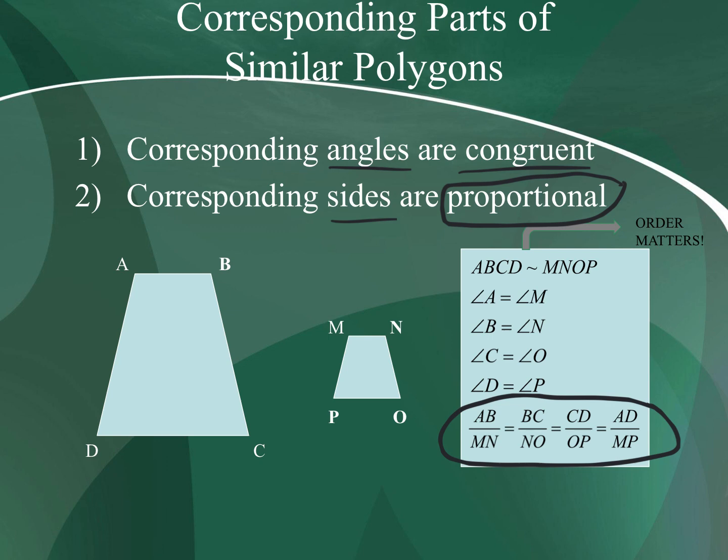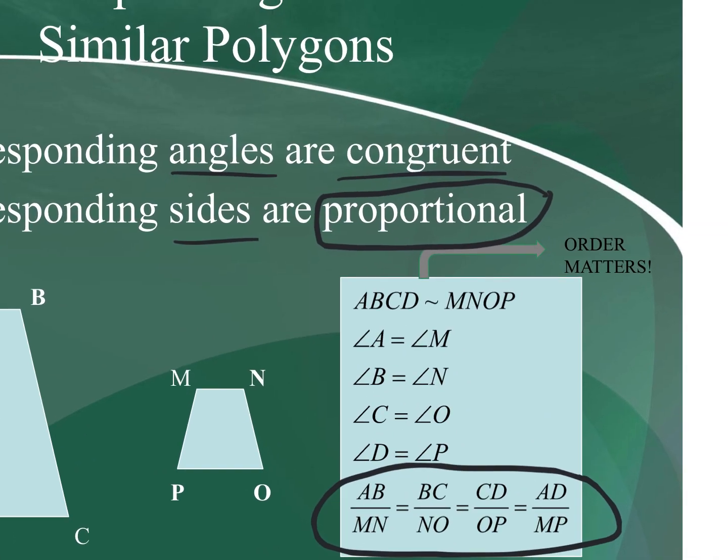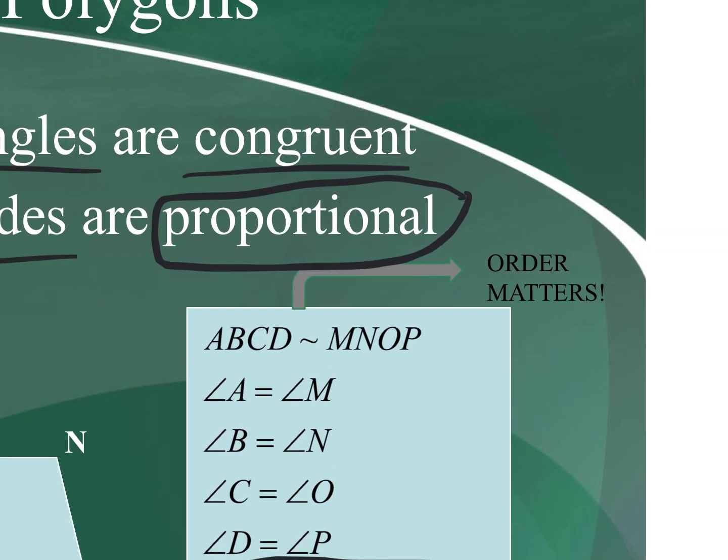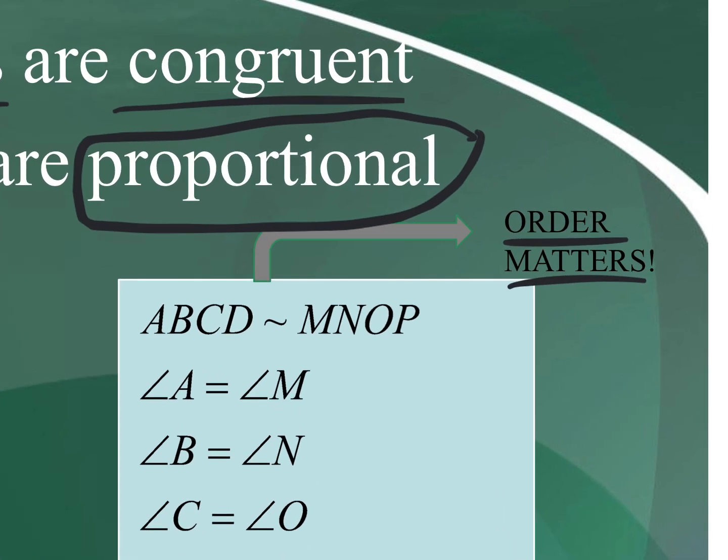Do you guys remember when we were talking about congruency statements, where we would list out all of the letters of your figure and put them congruent to another figure, and I told you the order absolutely matters? The same thing happens here. The order 100% matters. So just by this statement, we could figure out which sides are proportional and which angles are congruent.